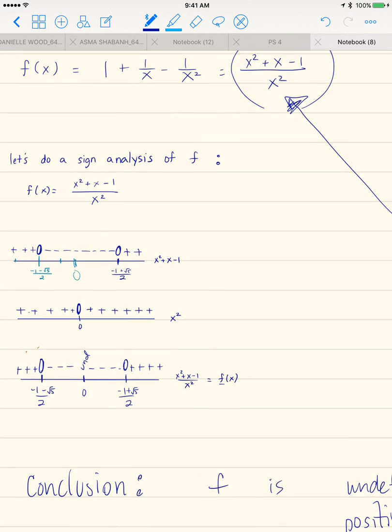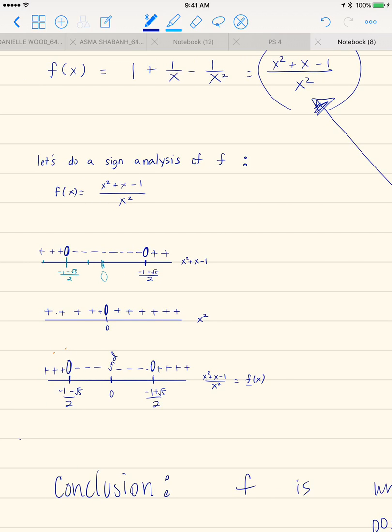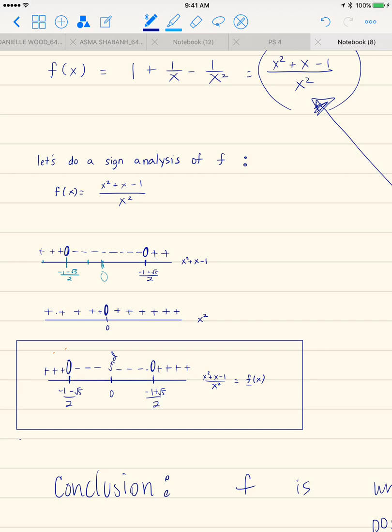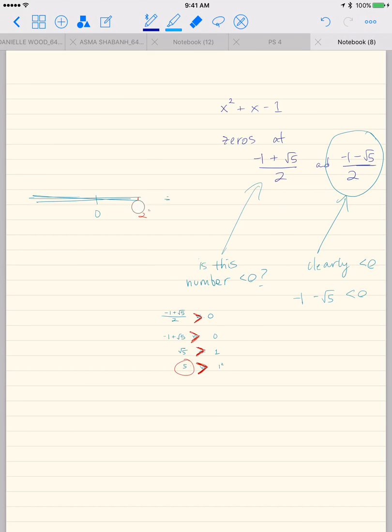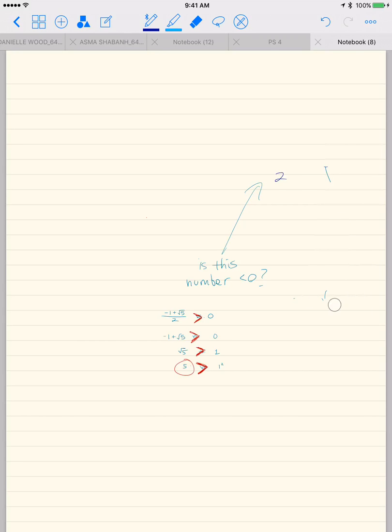So from this sign analysis, I already have an idea of where my function fits on the graph. Let me go ahead and erase this. So on this page, we're going to keep track of the overall graph.